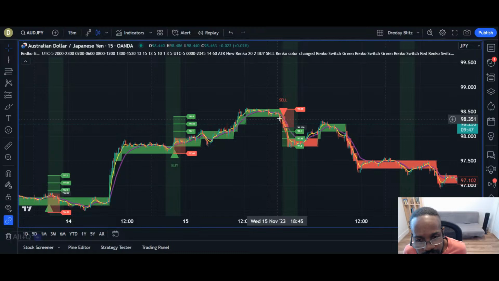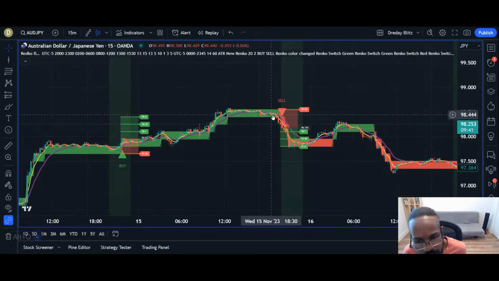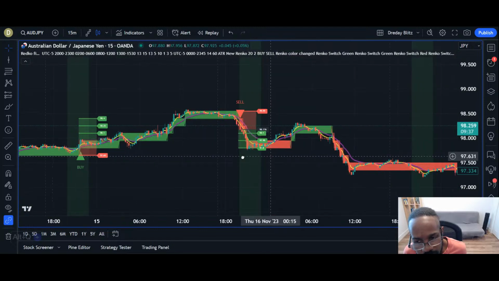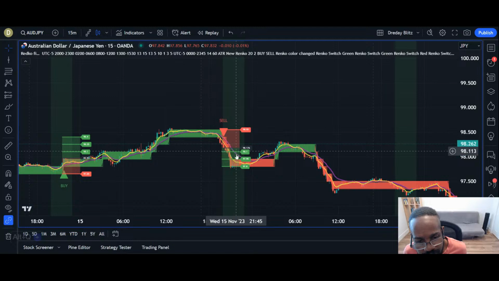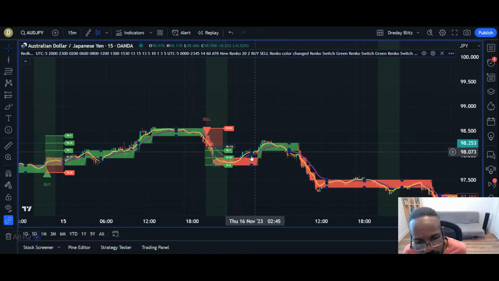Then you have a switch here, at Asian still. You see, at Asian you have a switch going down. You have a sell signal, hit TP3. Boom. You have the option to take TP3 or wait until the switch.